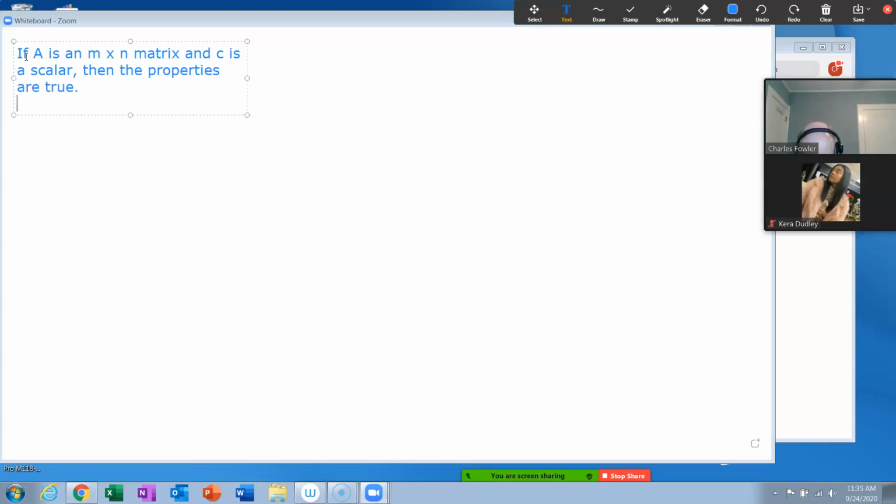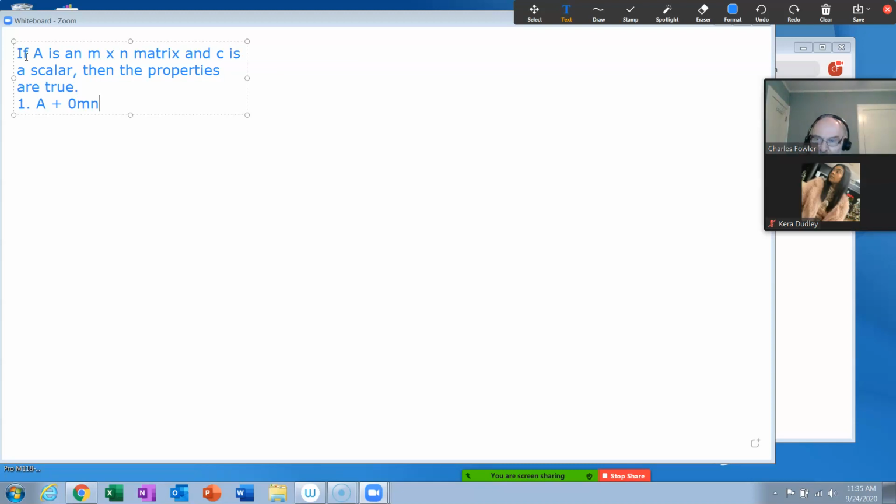Okay, here's the first one. A plus the zero matrix. I can't designate that a matrix, you just have to understand, but this matrix has to be an m by n matrix.